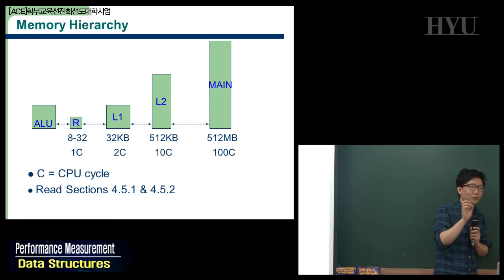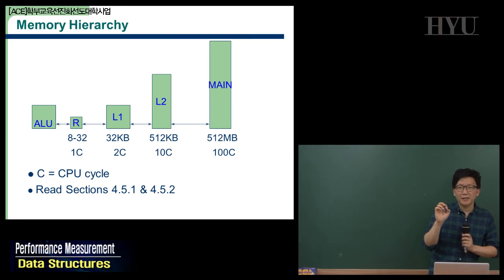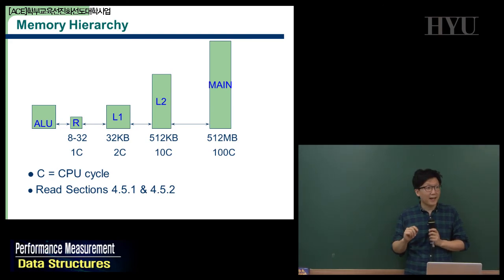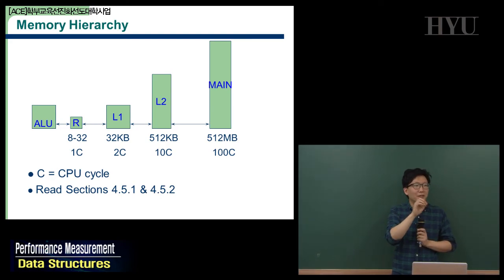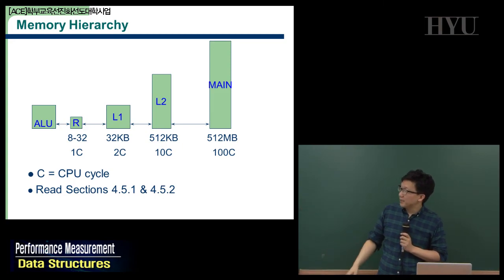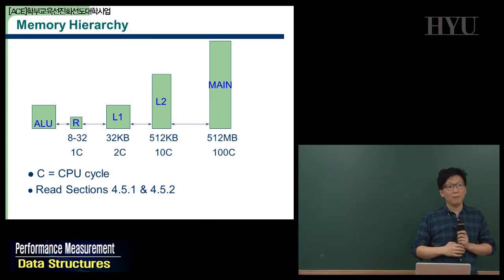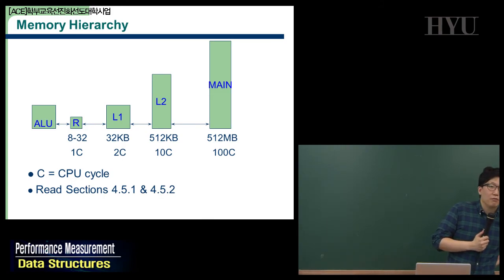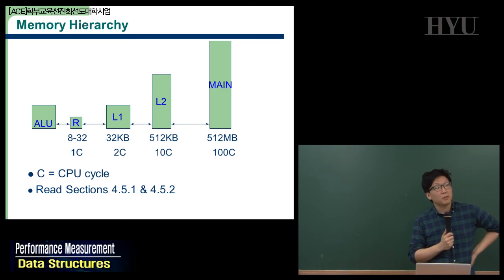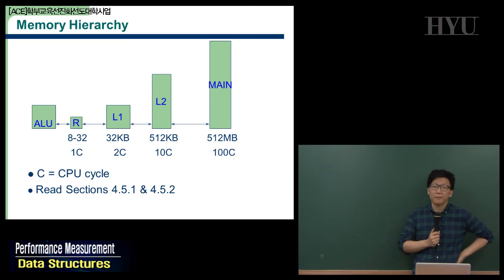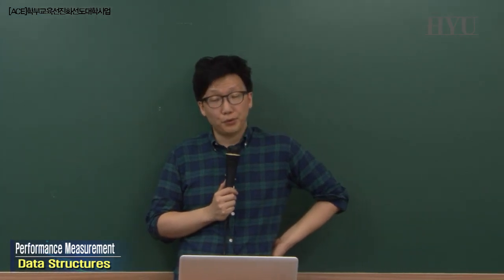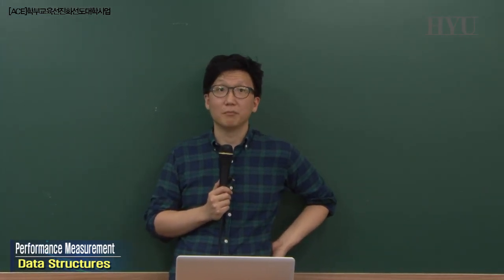So you count the number of times main memory gets accessed, maybe 5 times, 100 CPU cycles. Only twice for L2, 2 times 10 CPU cycles. You add them up, you have a rough number on the total number of CPU cycles that your program requires to run. In order for a program to run, you need to access the memory anyway.